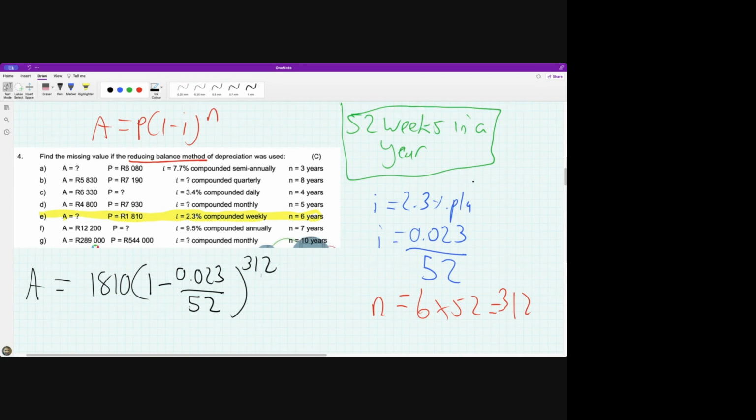Let's have a look. 1 minus fraction button, 0.023 over 52, and then to the power of 312. I get 1576.64.